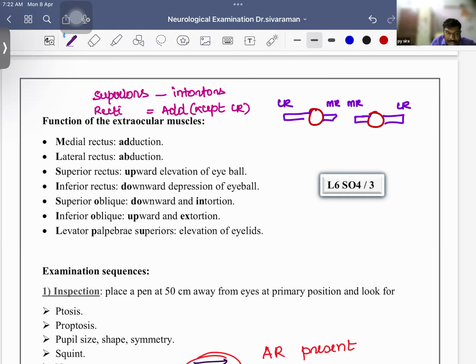The medial rectus causes adduction. Lateral rectus causes abduction. Superior rectus, elevation. Inferior rectus, downward depression. Then superior oblique, downward and intorsion.